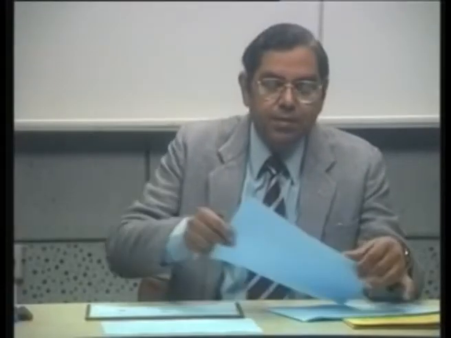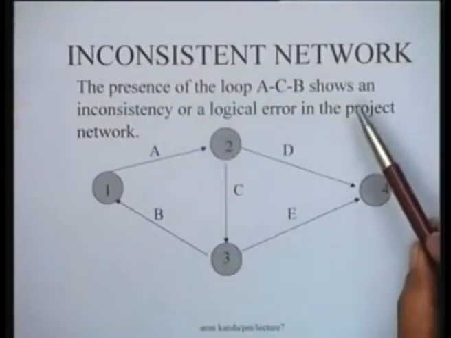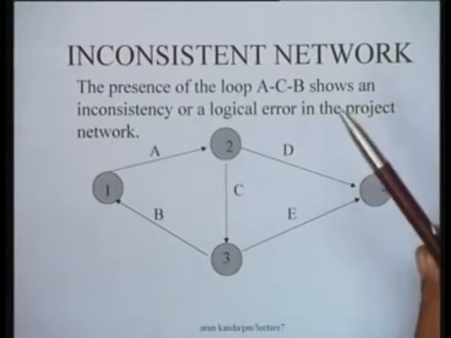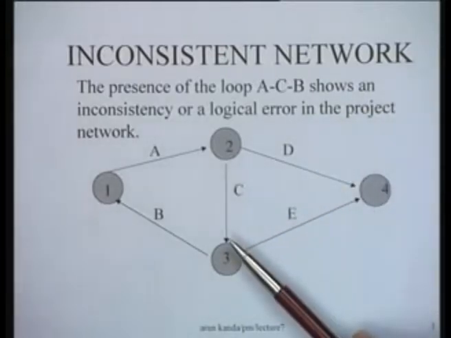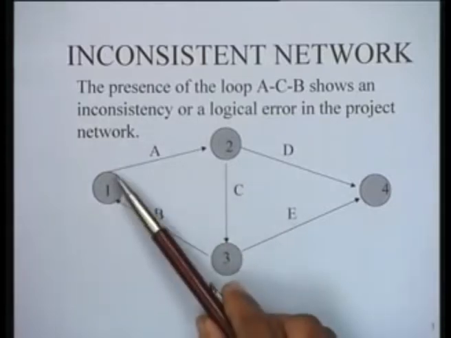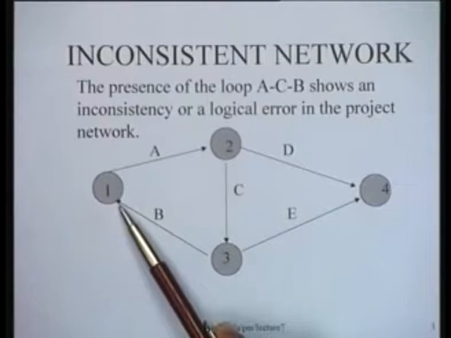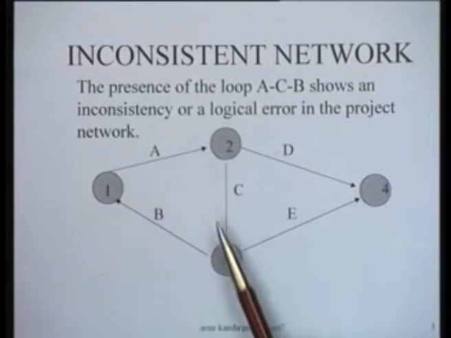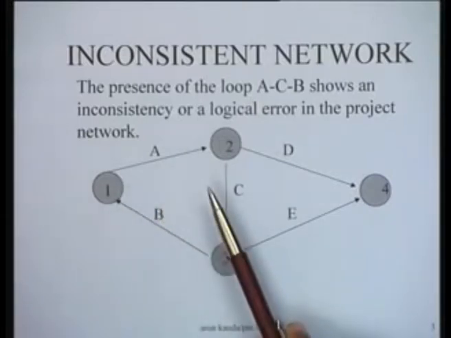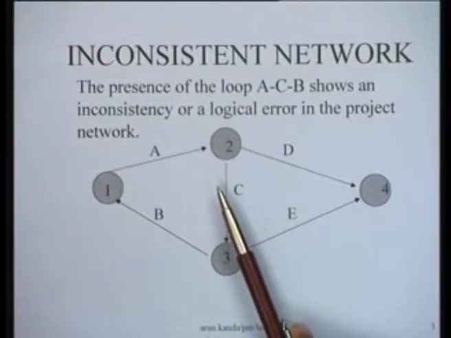For instance, if you look at this network, it looks very similar to the previous network, but this particular network contains a logical inconsistency because of this loop A, C, B. Obviously, there is something wrong in the direction of the arrow here, but in a large network, detecting these kinds of inconsistencies could be quite a formidable task.